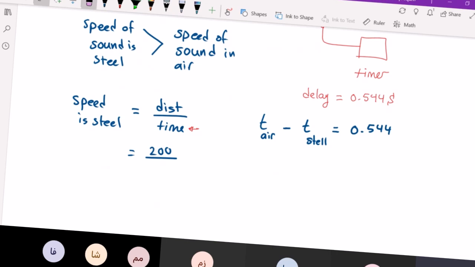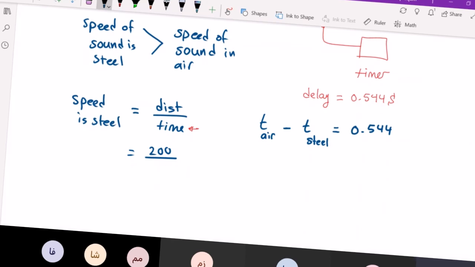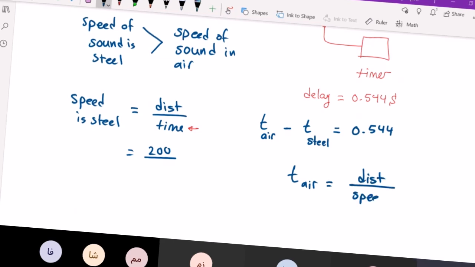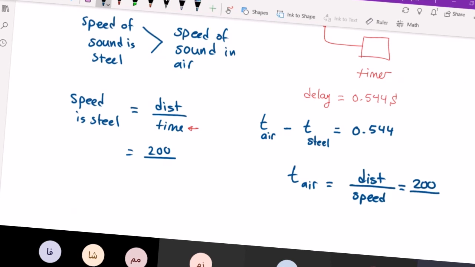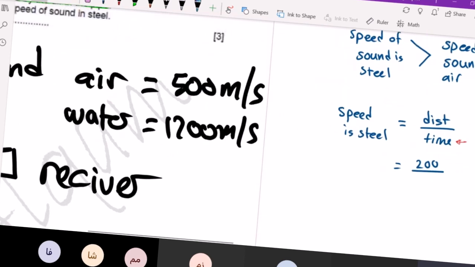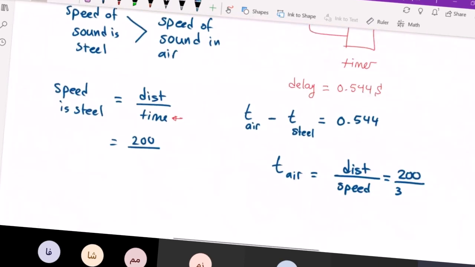So in order to find the time for the sound to travel in steel, I have to find the time for the sound to travel in air. Time to travel in air equals distance over speed. Distance 200 over speed, which is 343.